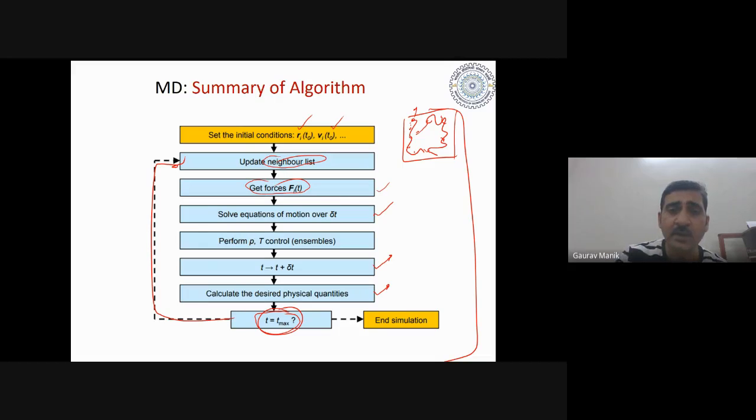Over here, I also mentioned a point, which is to perform the pressure and temperature control. We'll come into detail on this at some point, but what it essentially means is that during the movement of the atoms in the system, the temperature of the system may increase or decrease, the pressure of the system may increase or decrease, because there's a physical motion happening.